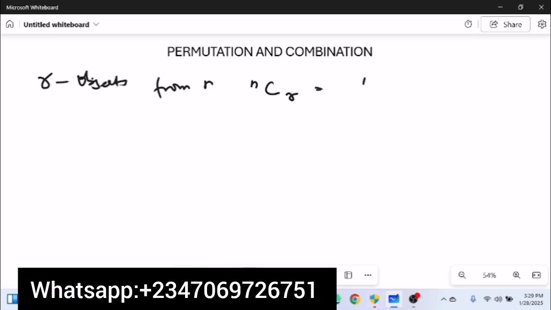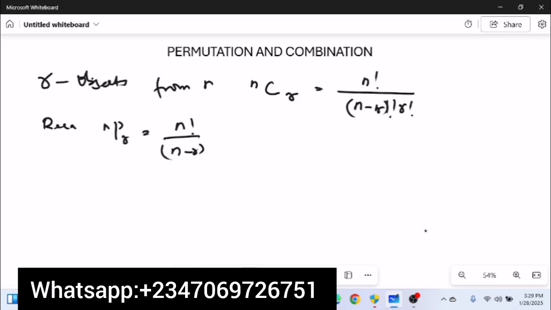Mathematically, it is given as n factorial all over n minus r factorial multiplied by r factorial. So this is the formula for combination. If you pay attention, you recall that when we did permutation in the previous video, we said n permutation r is simply n factorial all over n minus r factorial.